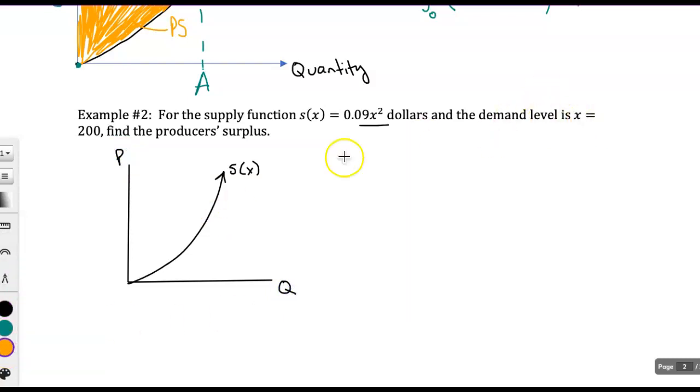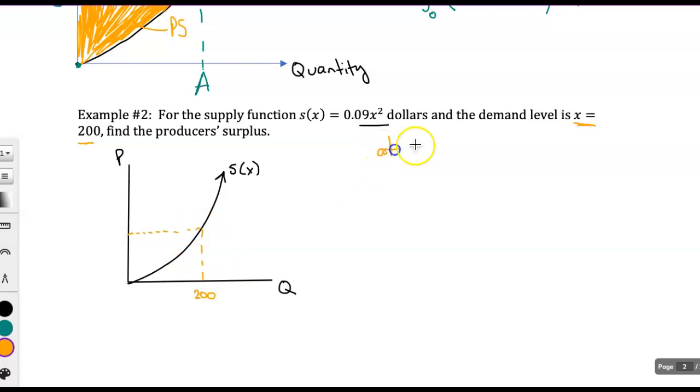The demand is 200, right? So they are demanding 200 items. That's not a price, so x equals 200. I'm going to put 200 on here. What I need to do is figure out what the market price is. This is exactly what we did last time.